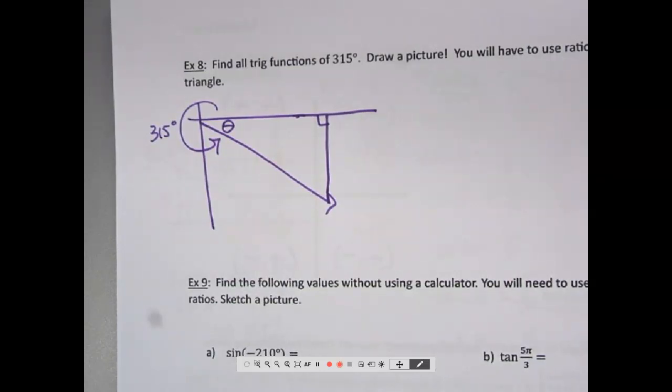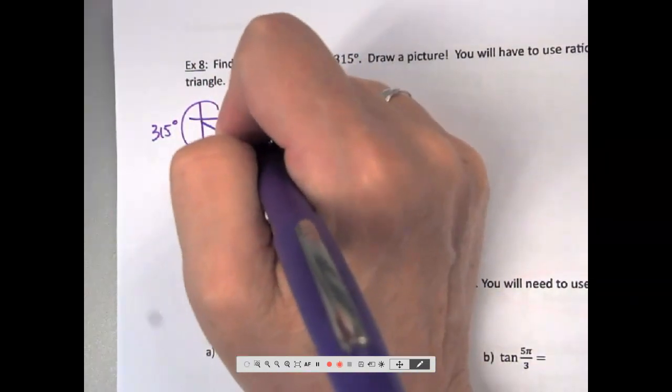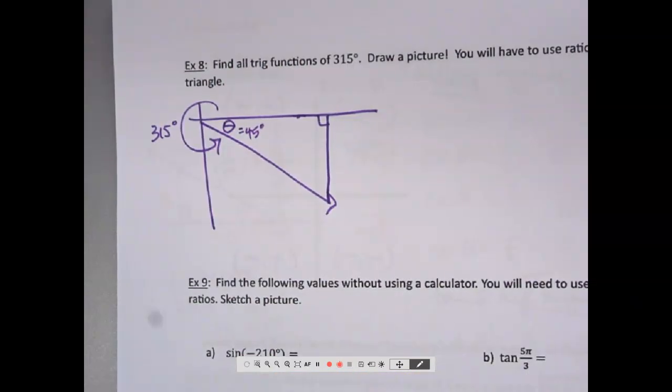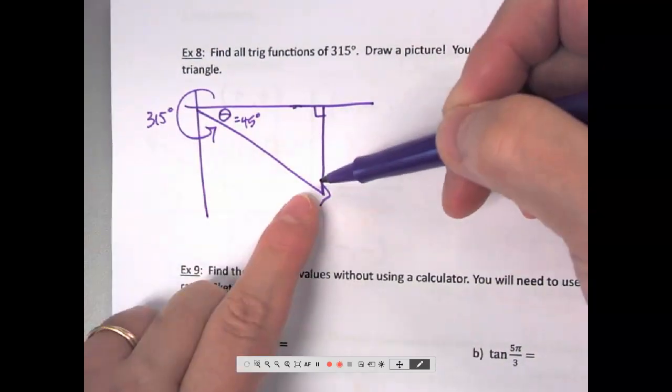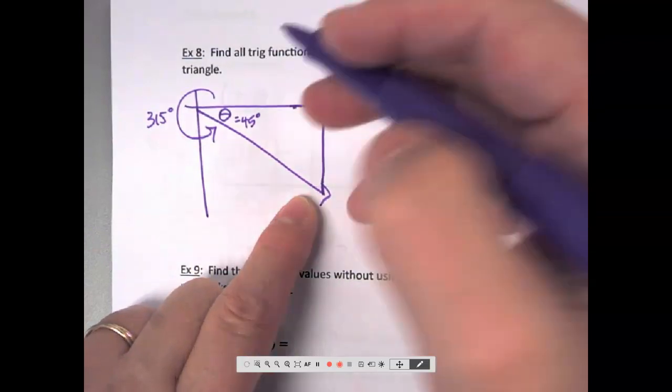How would I find that angle theta? 360 minus 315 is what, Charles? You just typed it in. 45. Okay, so it's the rest of the circle after I rotate 315, so it's 360 minus 315, which gives me 45. If this is perpendicular and this is 45, what does this have to be? 45.